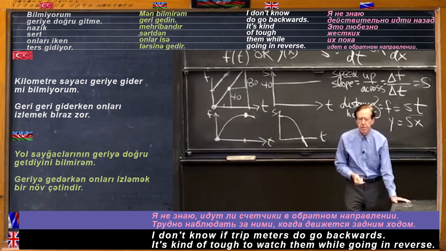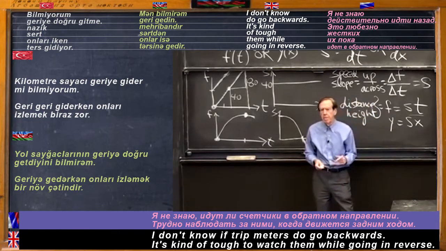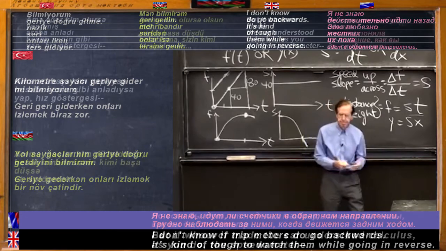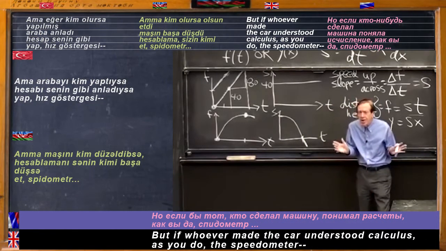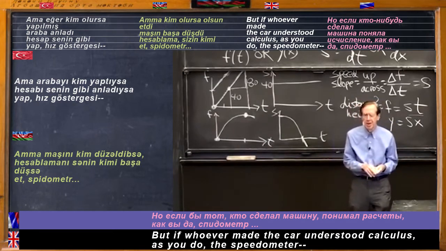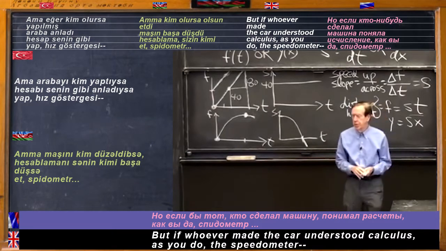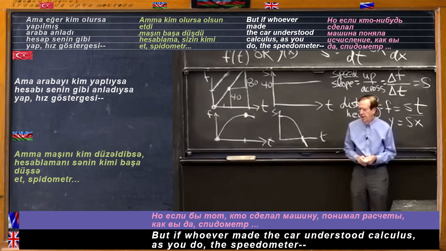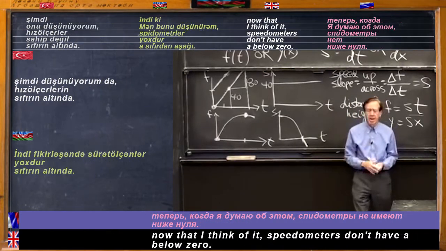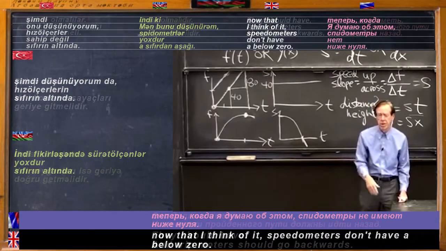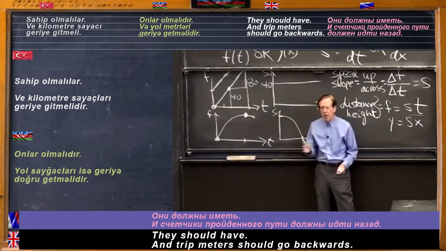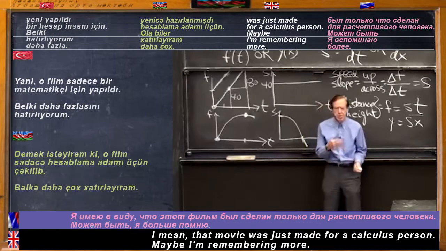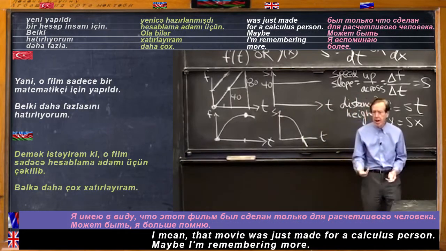It's kind of tough to watch them while going in reverse. But if whoever made the car understood calculus as you do, the speedometer, maybe now that I think of it, speedometers don't have a below 0. They should have. And trip meters should go backwards. I mean, that movie was just made for a calculus person.